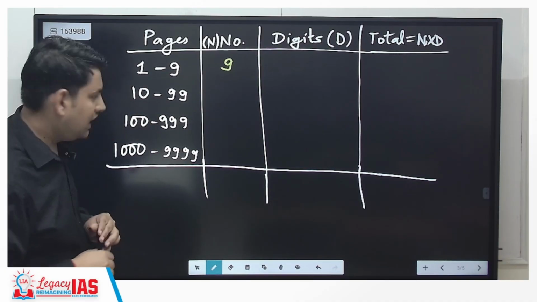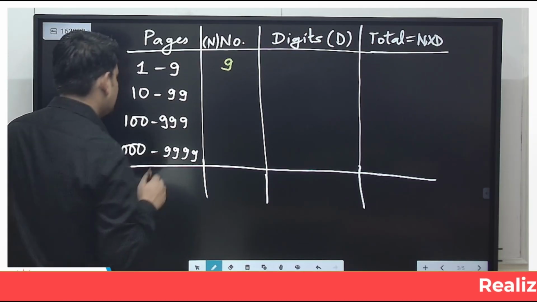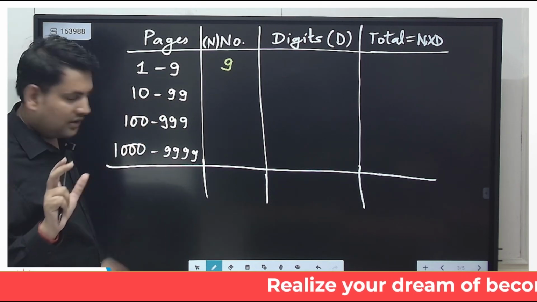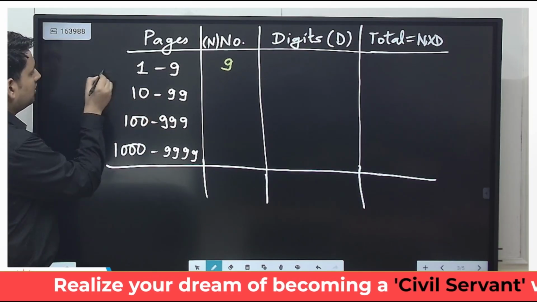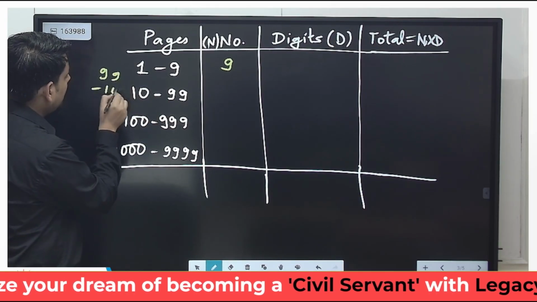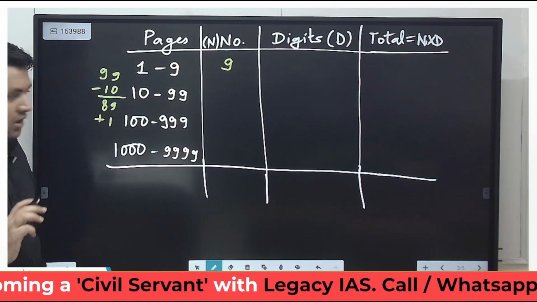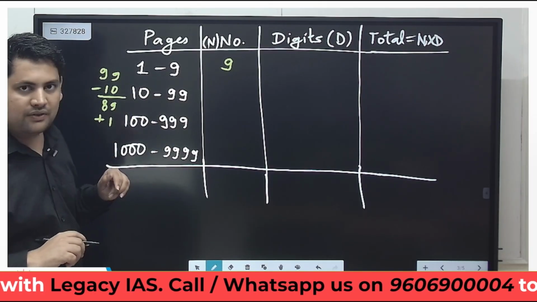Some people might say 89 pages. No, understand, whenever you have to find number of pages between any two numbers, what you do, you just subtract them. So you subtract them like this. 99 minus 10 is 89. Then you add 1 to it. Always just subtract them and add 1 to it. That will be the number of pages.